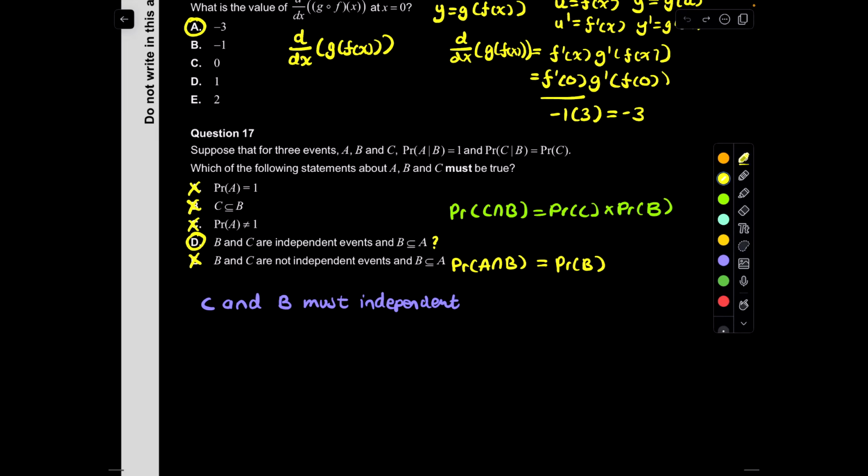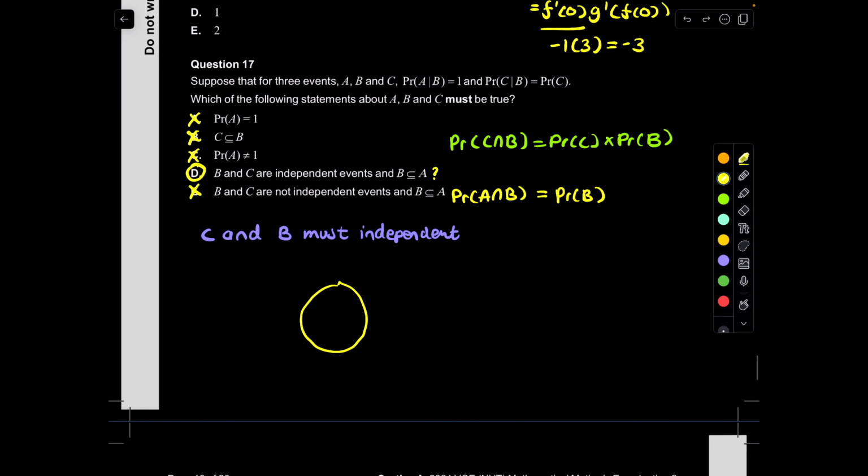Now let's look at this. B is a subset of A, meaning that B is inside of A. So if you draw a nice diagram, say this is A, and this here is B. So B is contained in A. Which one here tells us that?